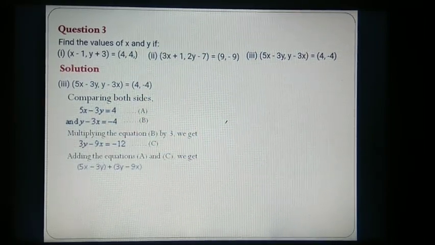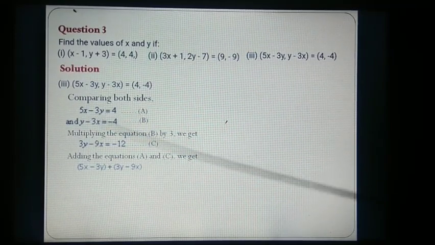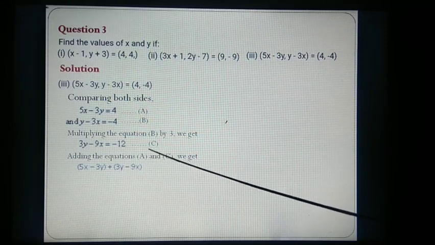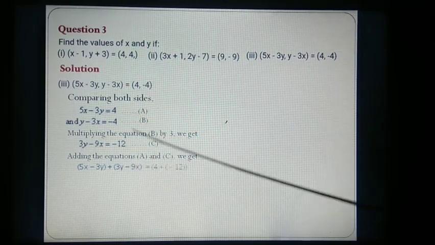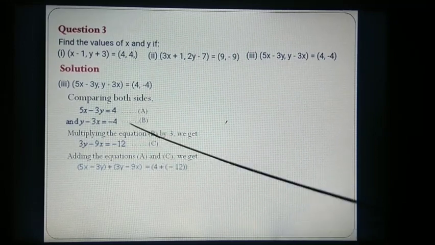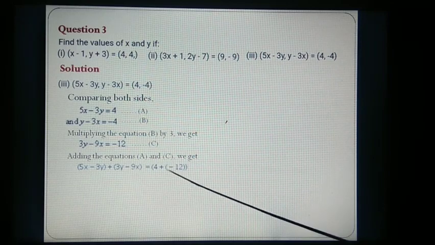On the left hand side we have, for A, 5x minus 3y. On the left hand side of C, we have 3y minus 9x. This is equal to 4 plus minus 12. The right hand side is also added.